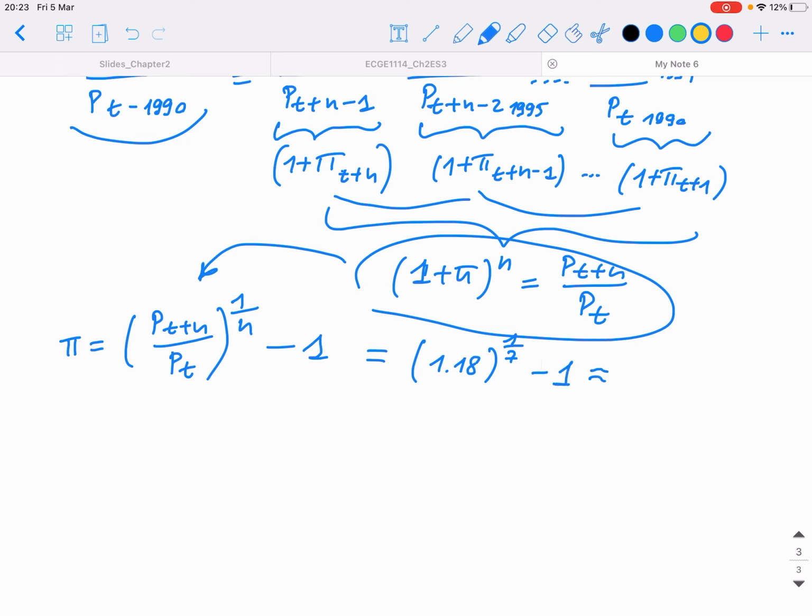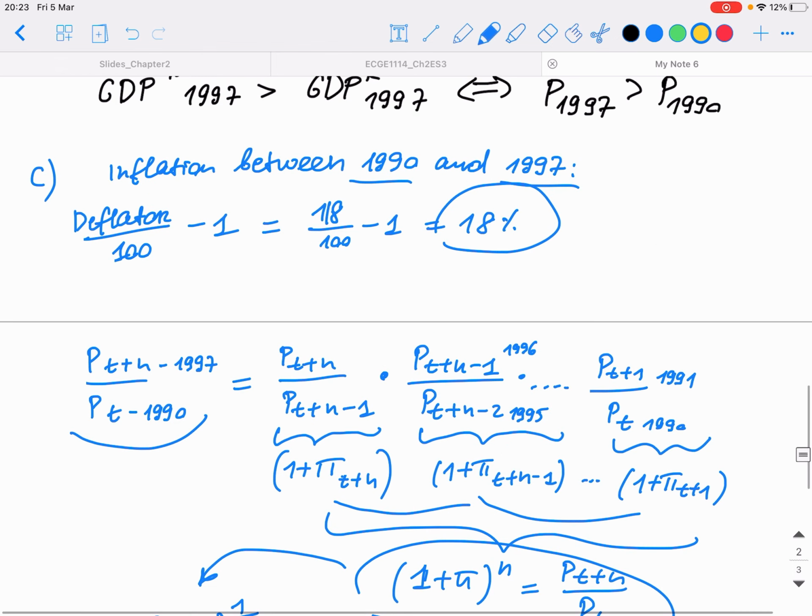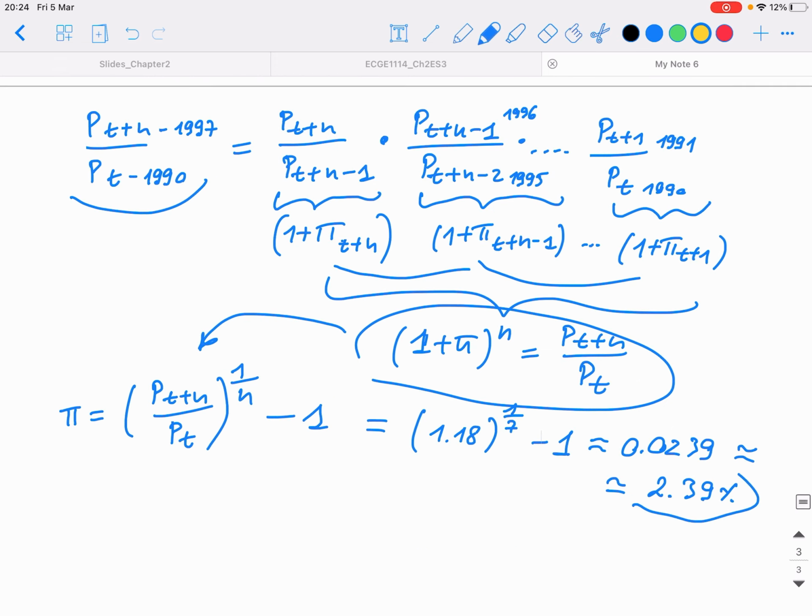So approximately it will be 2.39%. So having that inflation over the whole period 1990 to 1997 means that the average inflation between any 2 years during this period was on average 2.39%.